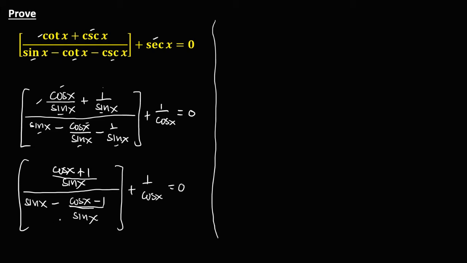Then we can simplify this equation. So copy first the numerator, that's cosine x plus 1 over sine x, then all over. So for this equation, we can find the LCD, and that's sine x. Then this one is over 1.